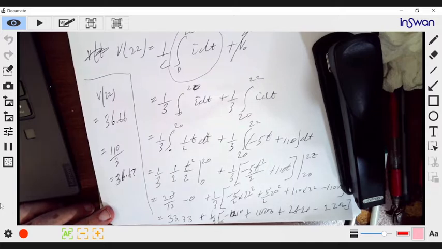In the bracket, is that negative 1210? Yeah, and where did that come from? Would that be from the negative 5 over 2 times 22 squared? Yes.